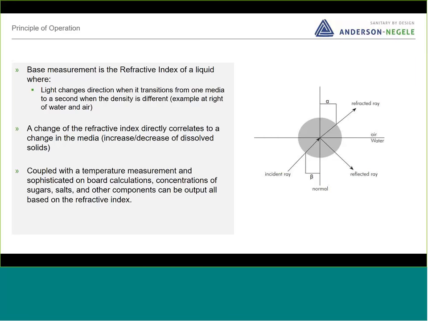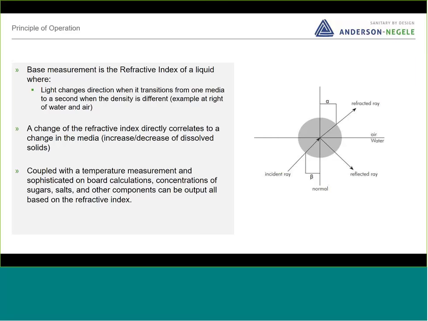So much as we have been telling you about the virtues of turbidity for the last 5 years or so, and turbidity being a measurement of undissolved particles in a media or in a product, the refractometer is now going to look at the effect that dissolved solids have within a liquid.